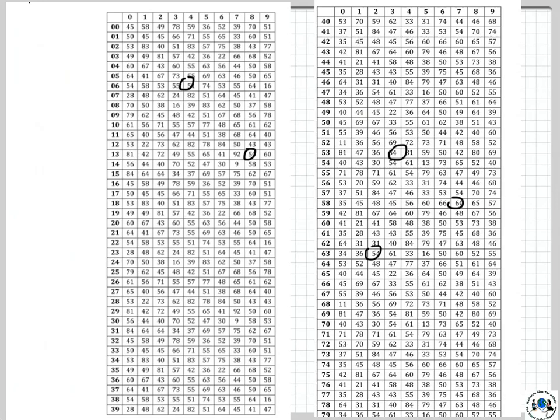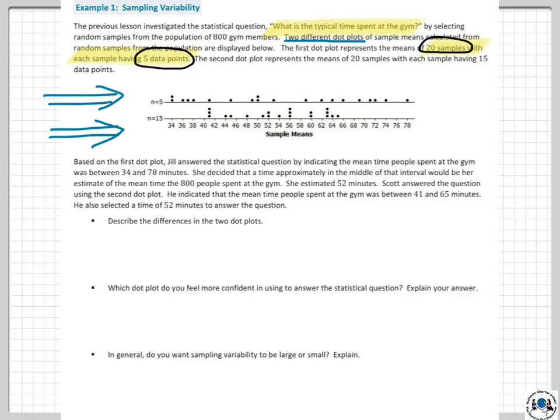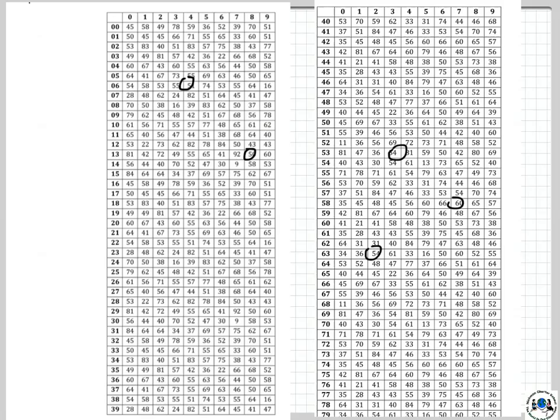That would have been 1 sample. In this top dot plot, there were 20 different sample sets just like this of 5. So altogether, there were 100 data points selected for that top one.